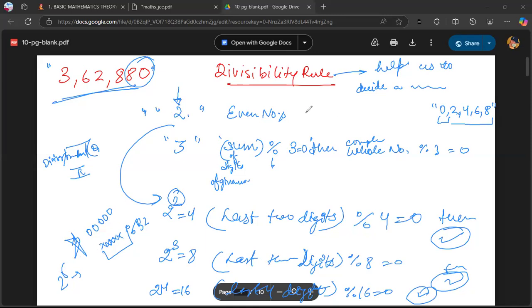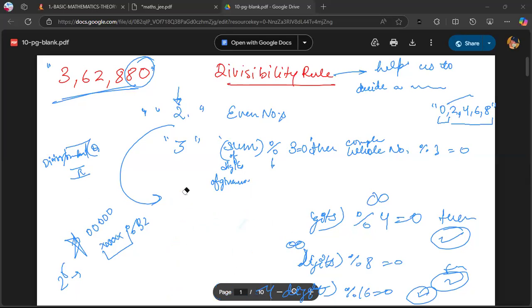Same goes for this: if the last digit is 0, the last two digits are 00, the last three digits are 000, then we consider that the number is divisible by 8. Understood the logic? Yes, sir. It is also the same with 9 raised to power 2.